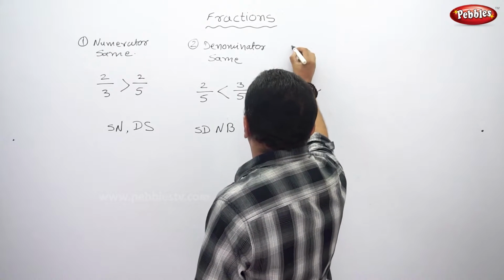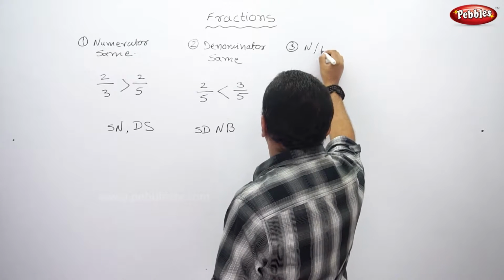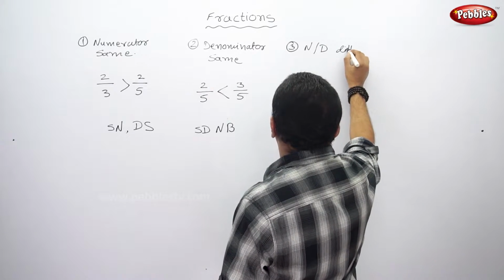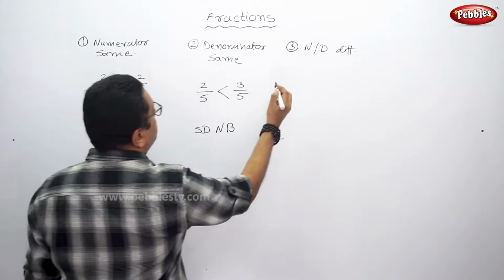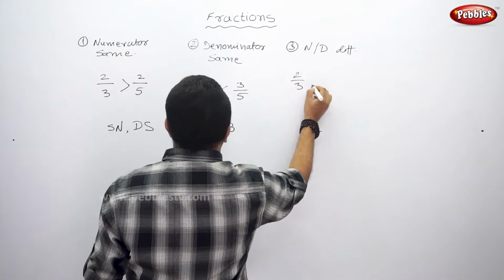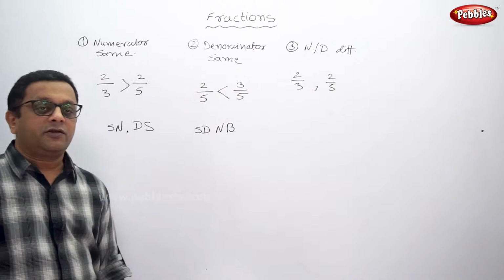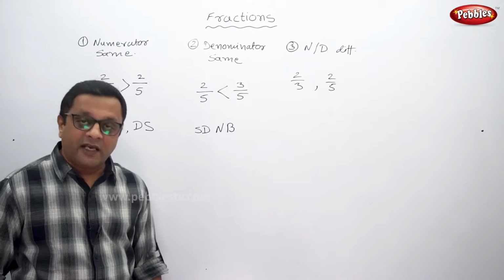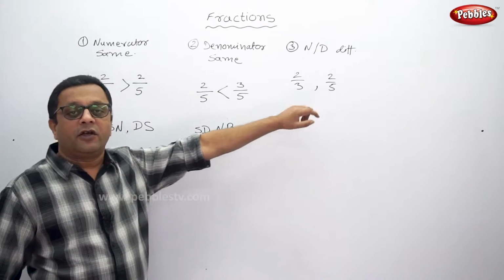So we have the third case where the numerator and denominator are different. Let us take the same example, 2 upon 3 and 2 upon 5. These are unlike fractions. I will make them like fractions. 5 3s are 15 and 3 5s are 15.